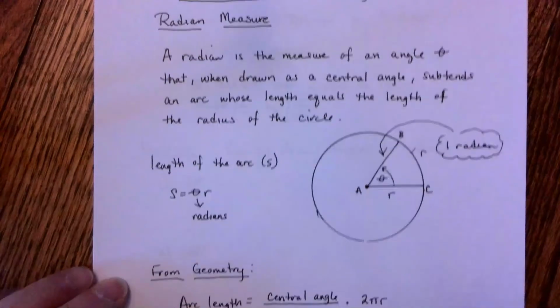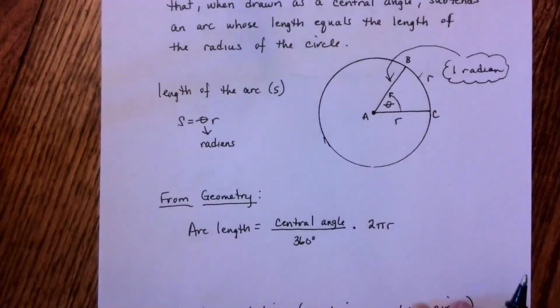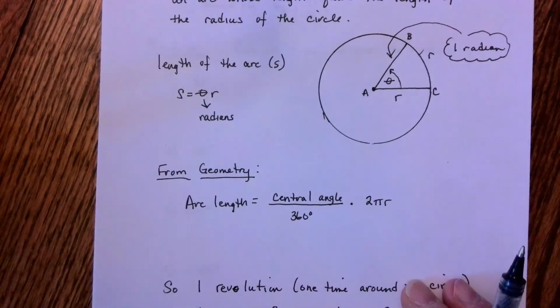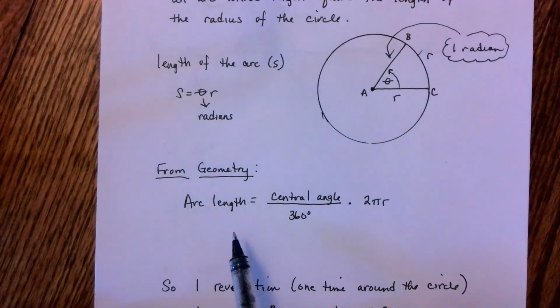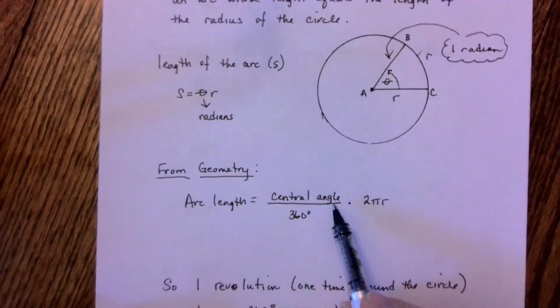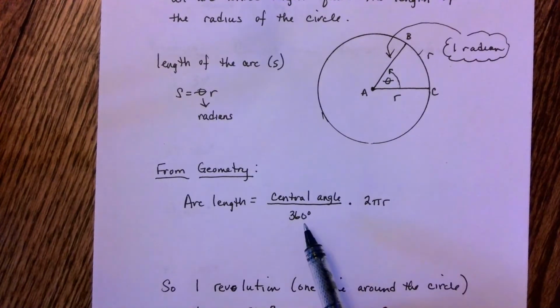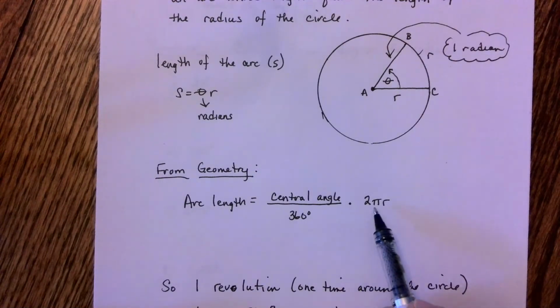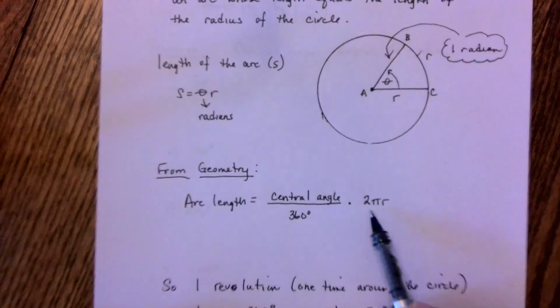Now let's go back in time a little bit to our geometry days and remember how an arc length was calculated. We took that central angle, which was in degrees, and divided it by 360 degrees, which was 1 revolution or 1 trip around the circle. Then we multiplied it times 2 pi r, which is the circumference of the circle.